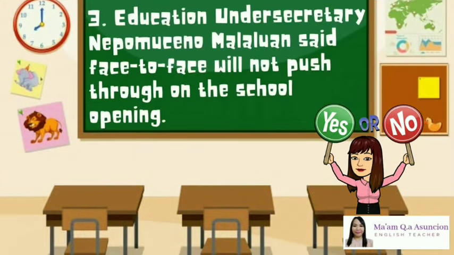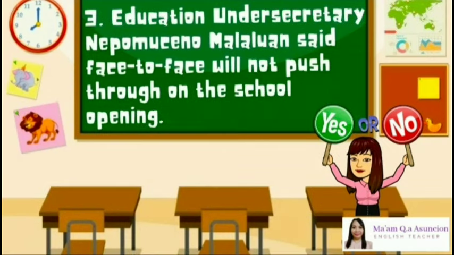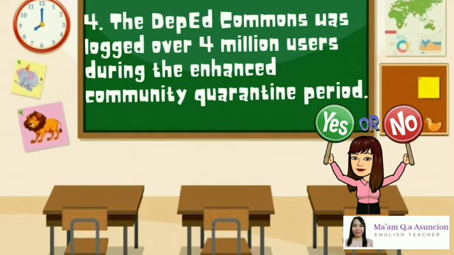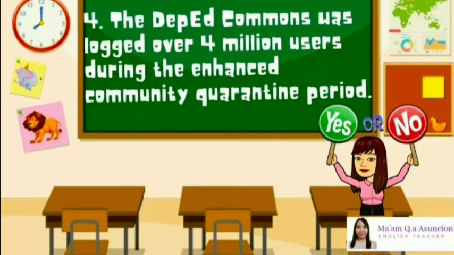Number 3. Education Undersecretary Nepomuceno Malaluan said, face-to-face will not push through on the school opening. The answer is fact. Number 4. The DepEd Commons was logged over 4 million users during the enhanced community quarantine period.